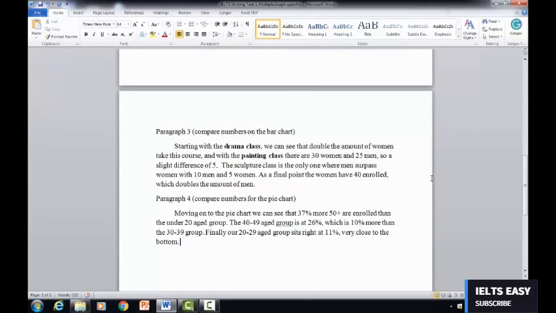And there we have it. You can look at our third and fourth paragraphs, okay, and you can see that we are comparing the numbers. Making some corrections.